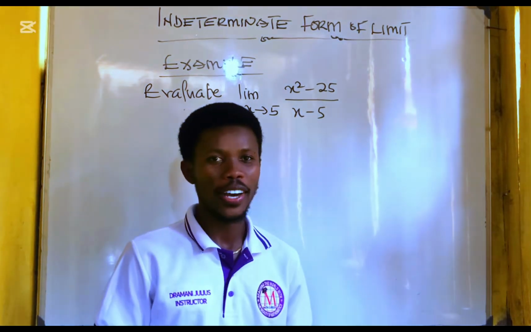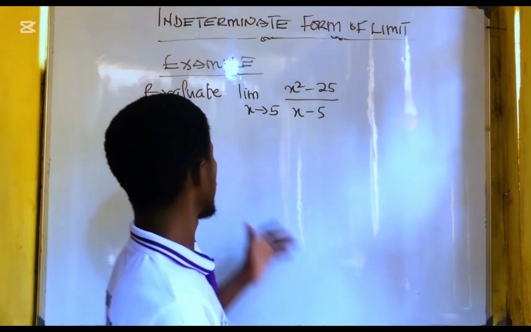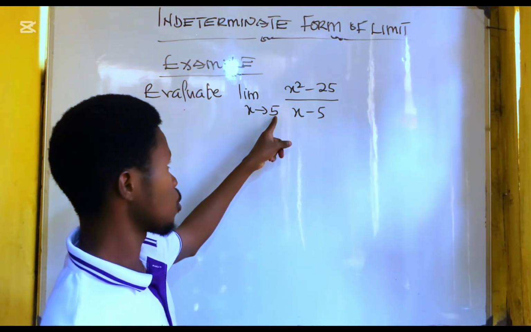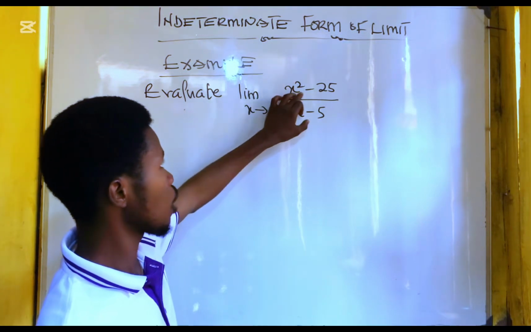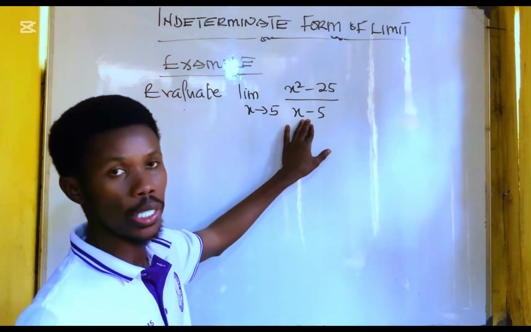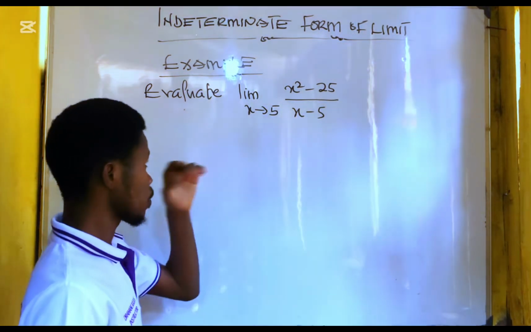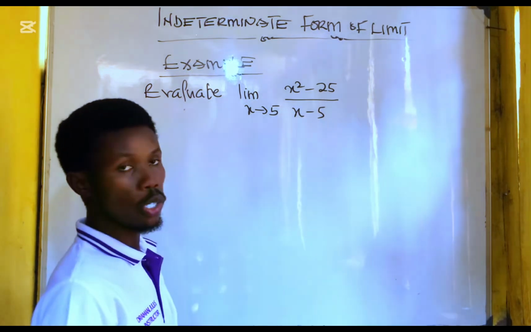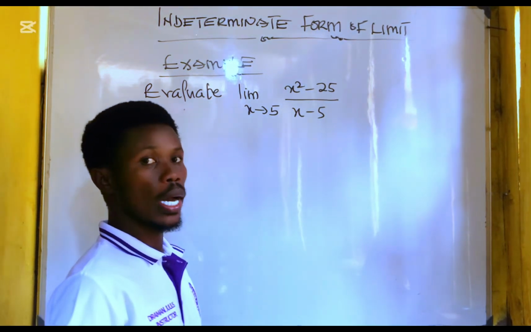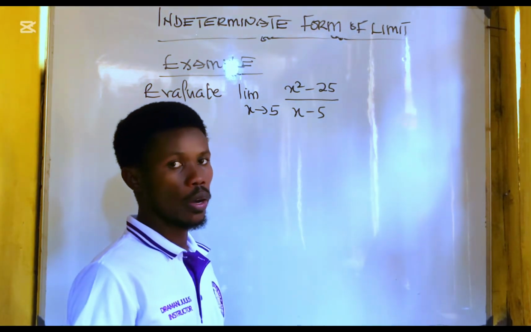Okay, so now let's look at this example. Evaluate the limit as x approaches 5 of x squared minus 25 all divided by x minus 5. First thing, you test to see whether it will be indeterminate. If you get an answer straight away, then you don't have a problem.